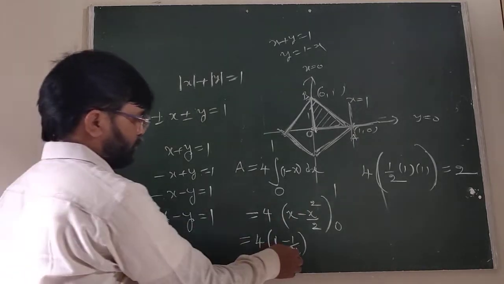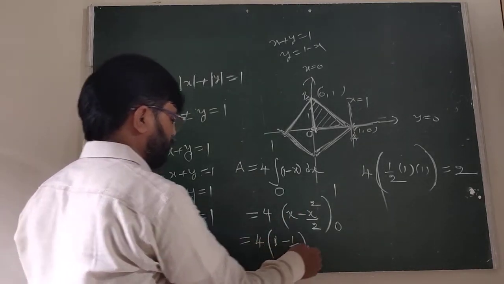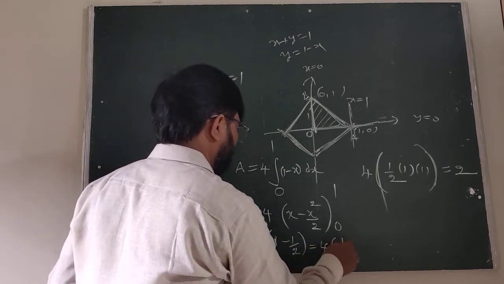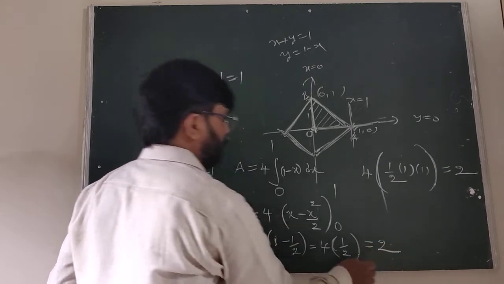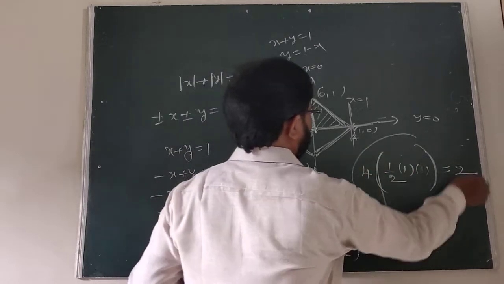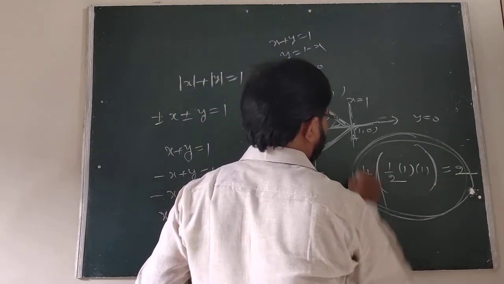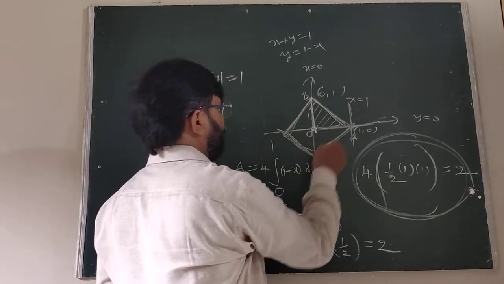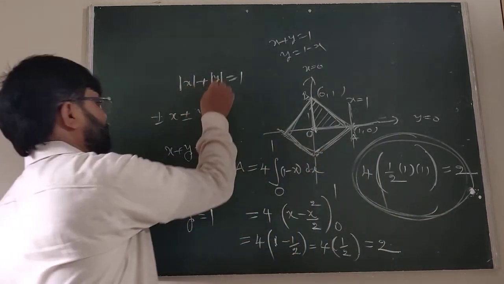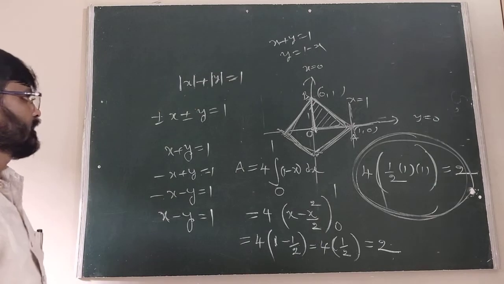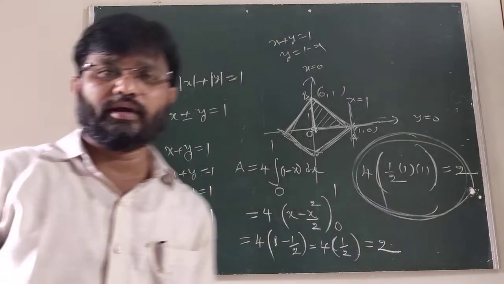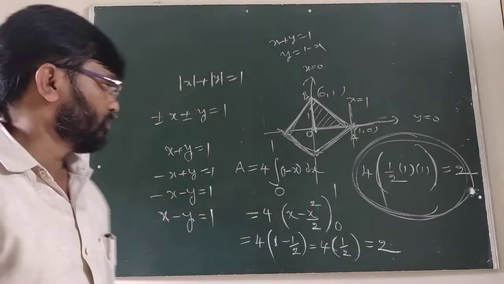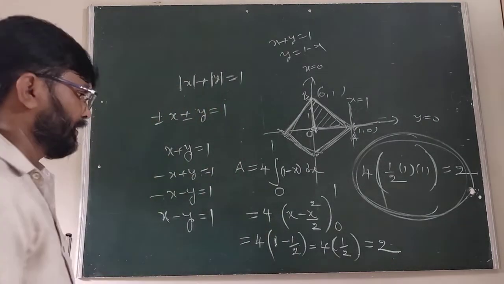Therefore, 2 minus 1 is 1, so 4 into 1 by 2 is 2. This is the area of the complete region when mod x plus mod y equal to 1 forms a square. Okay students, this is the area.